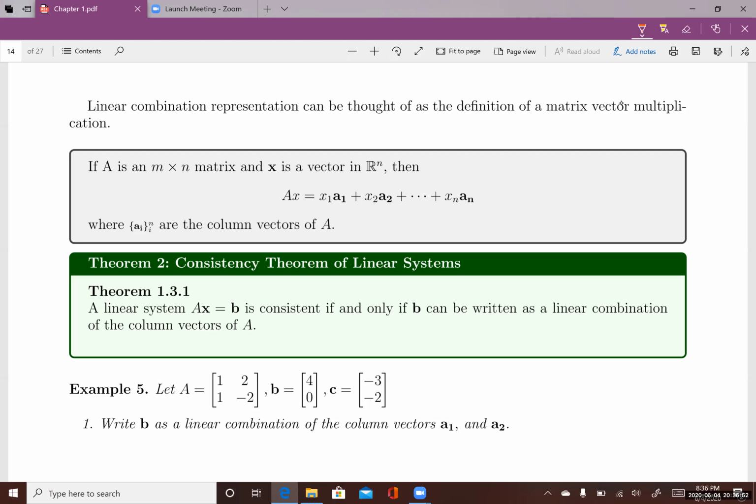So if we consider a matrix A of size m by n and a column vector x in Rn, then if you take A multiplied by x, you take a matrix A and multiply it by x, you will get x1A1 plus x2A2 plus xnAn, okay, where A1 to An are the column vectors of A. All right.